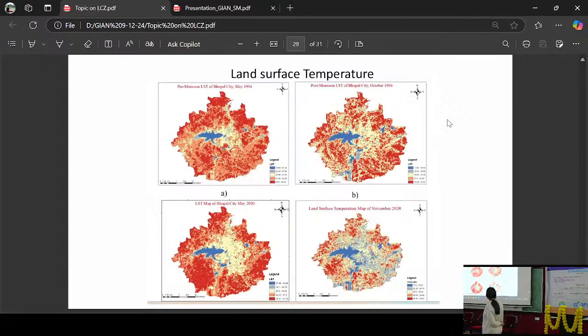And if we see the surface temperature, we can actually relate where the temperatures are high and low looking at the LCZ. So, this is the research paper with Rakesh, and it is there on site, and we can see what kind of LCZ has what kind of land surface temperatures. Okay.